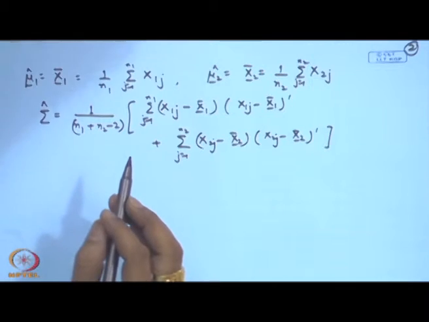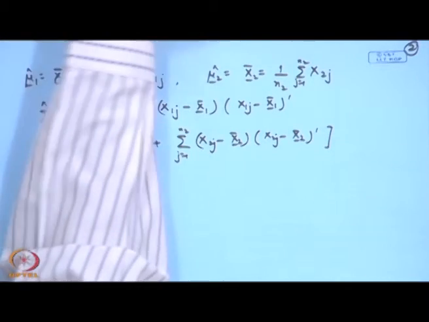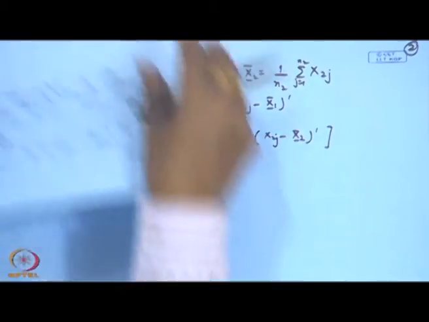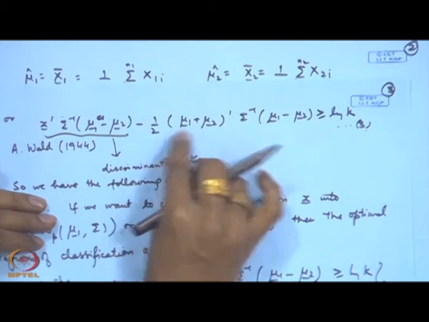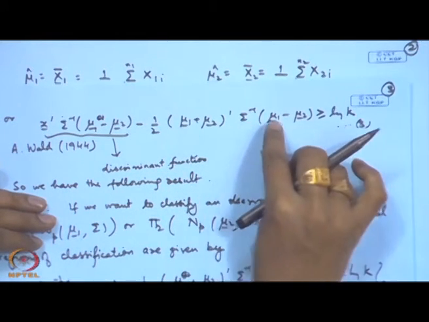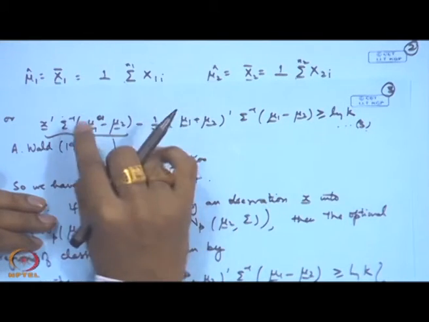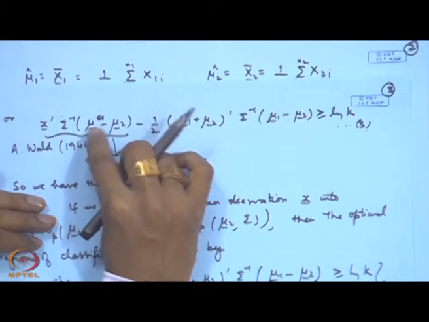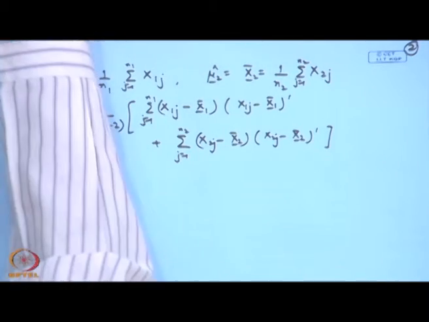Now, if you consider the discriminant function that I introduced in the previous lecture, x prime sigma inverse (mu 1 minus mu 2) minus half (mu 1 plus mu 2) prime sigma inverse (mu 1 minus mu 2) greater than or equal to log k. So, in this part, if we substitute the estimates of sigma, mu 1, mu 2 etcetera, then we get the form.